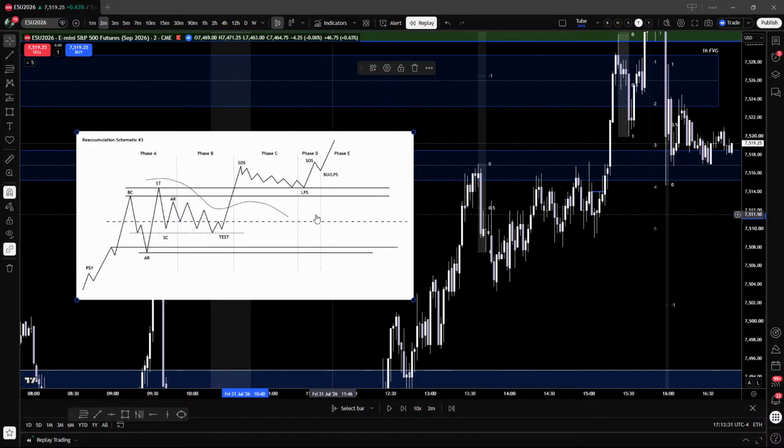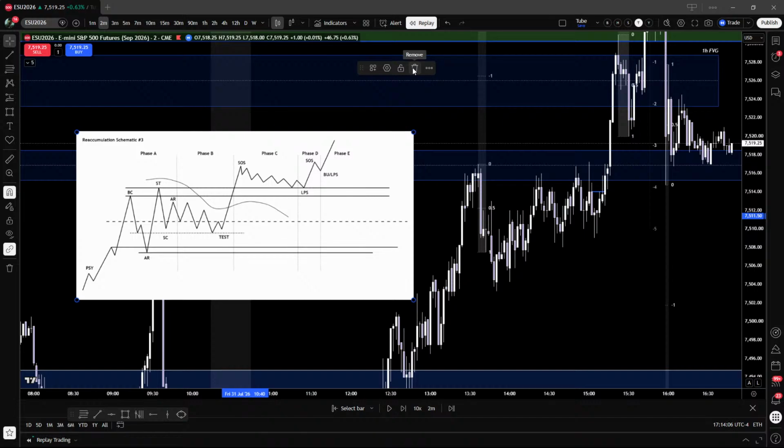Then let's move higher here in the schematic. It made a higher high. Okay. It doesn't always have to, right? For me, if it comes close to these highs, really close, like here it did, right? Kind of like an accumulation here again, and then one more, it'll move down and then up.